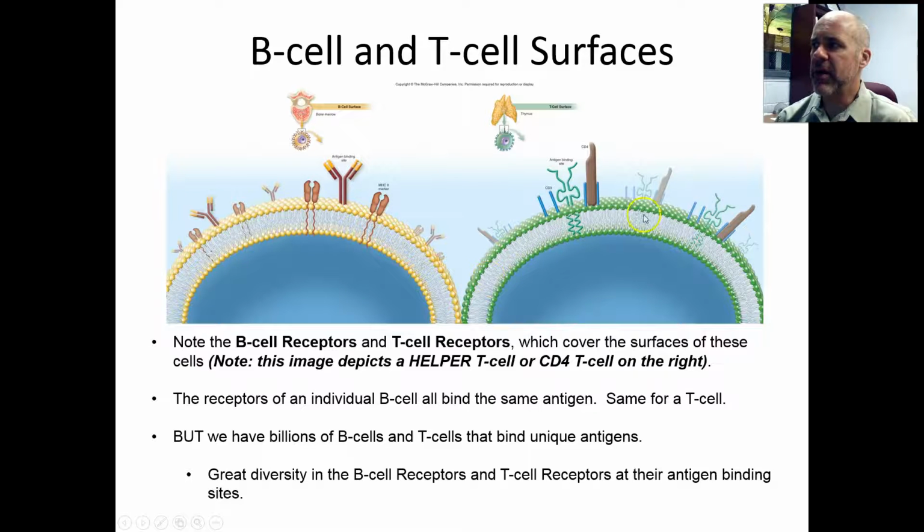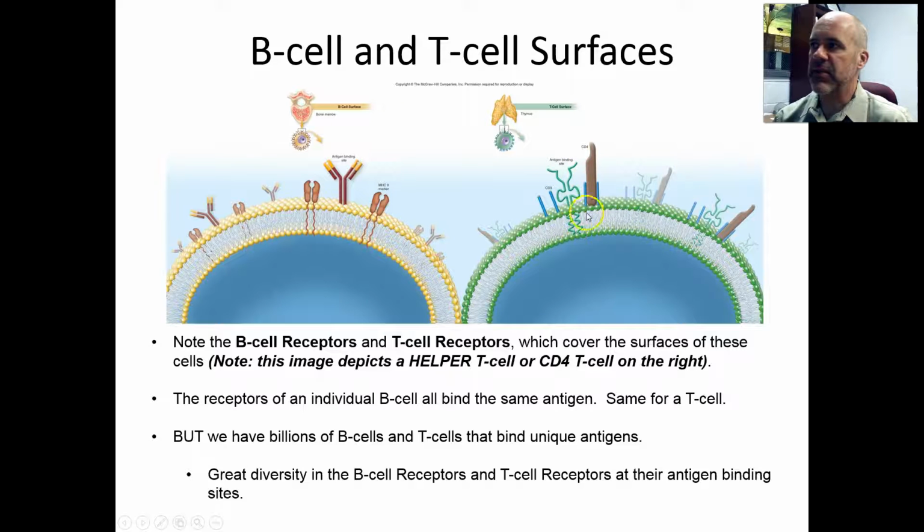All right, now over here on a T cell membrane, right here in green, this is called a T cell receptor. So you notice you've got those scattered around the surface of the T cell. And so that's going to bind to an antigen. Same thing with the B cell receptors. Those two little ends of the Y there combine with very specific antigens.